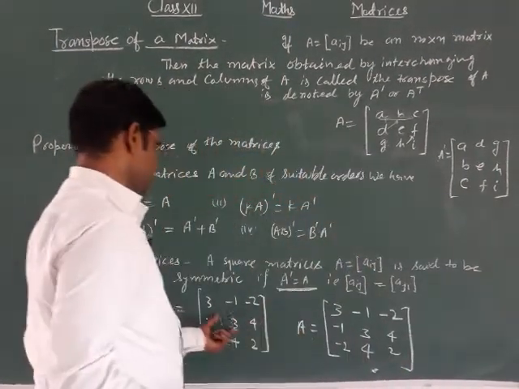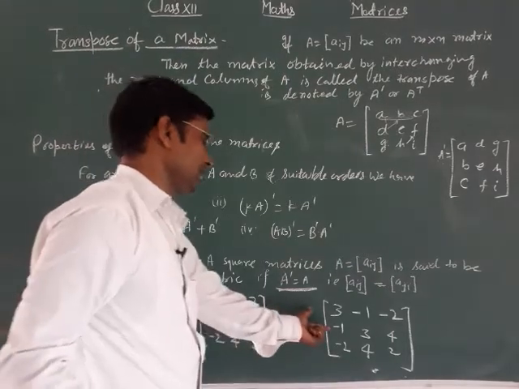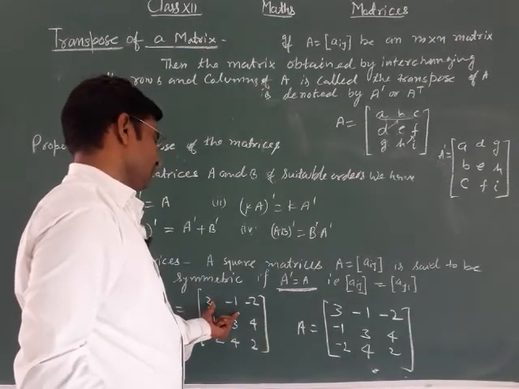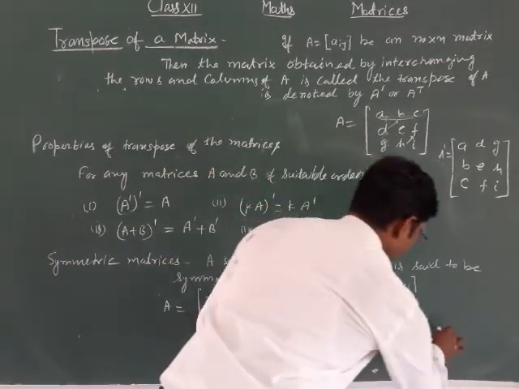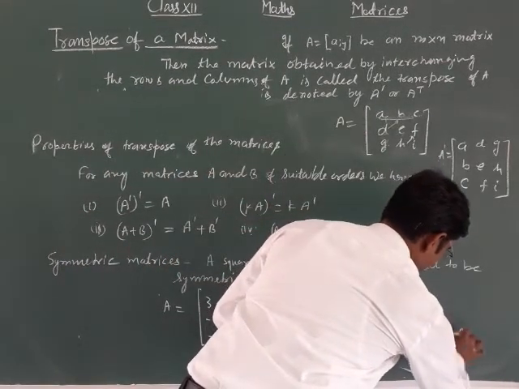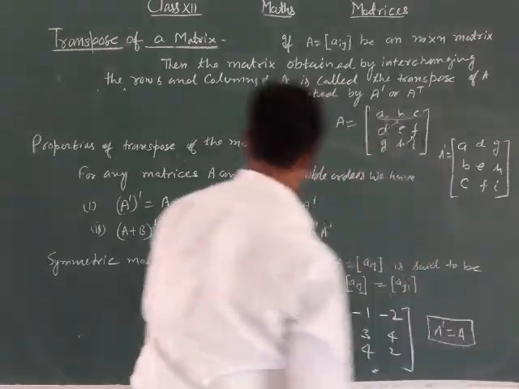There is no change in the position of elements, so A dash is equal to A. So this is symmetric.